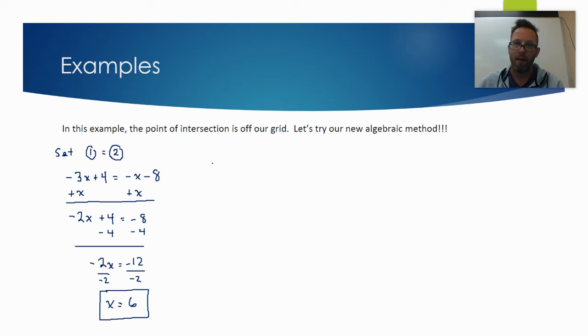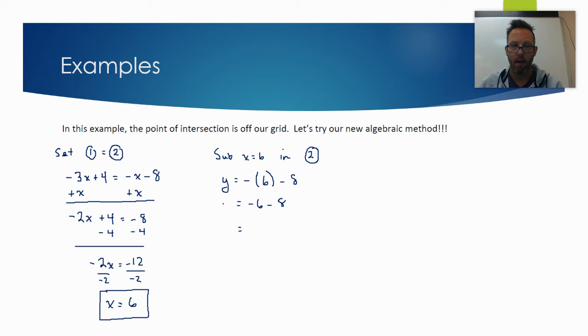To find the y value, sub this x value. So we're going to sub x equals 6 in either one of the equations. I'm going to sub it into equation 2, which looks easy to use. So we have y equals negative x minus 8. I'm going to plug in x equals 6. So negative, this is like negative 1 times 6, or just negative 6, showing an extra step there.